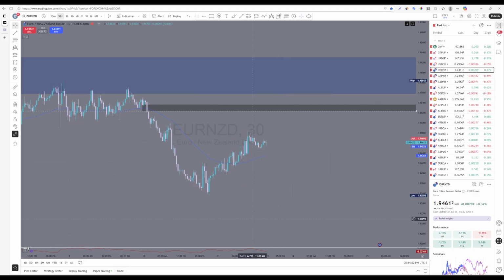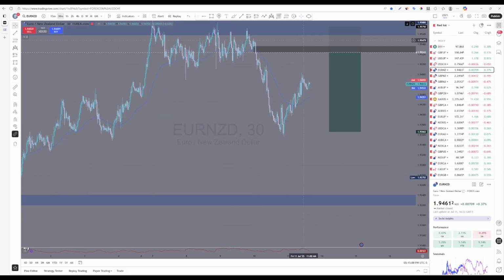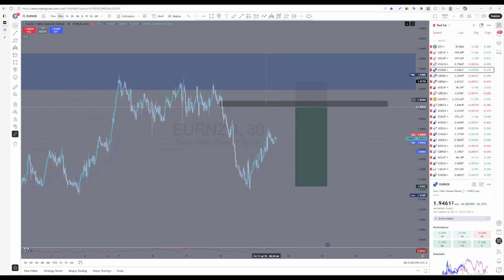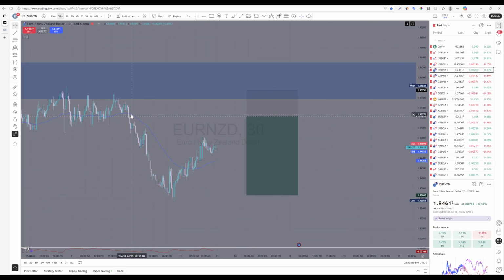Just looking for that retest. It could go higher than this, who knows? But this is the area where I see price coming back into. We're creating nothing but liquidity to come and sweep, pretty much.